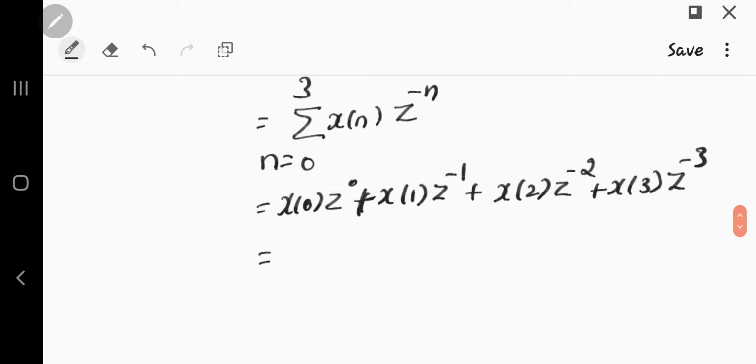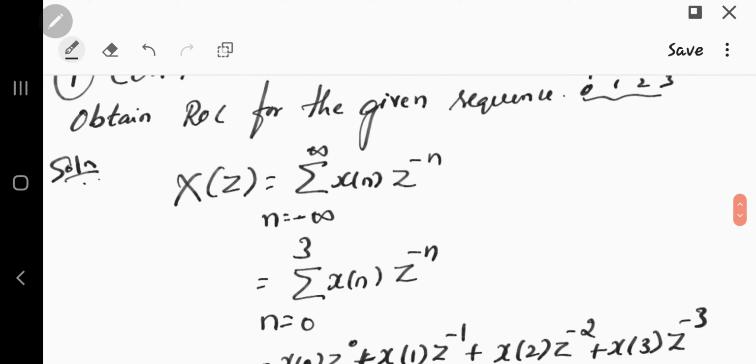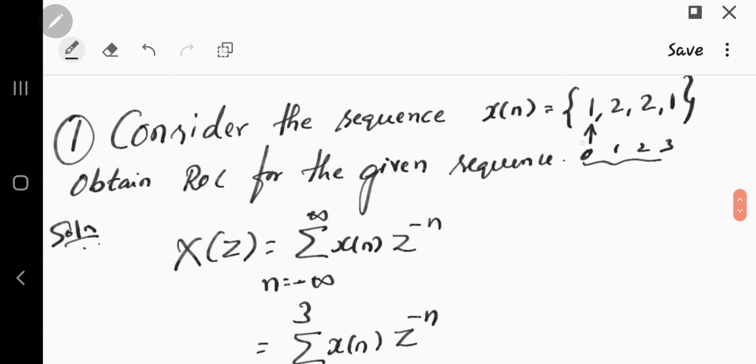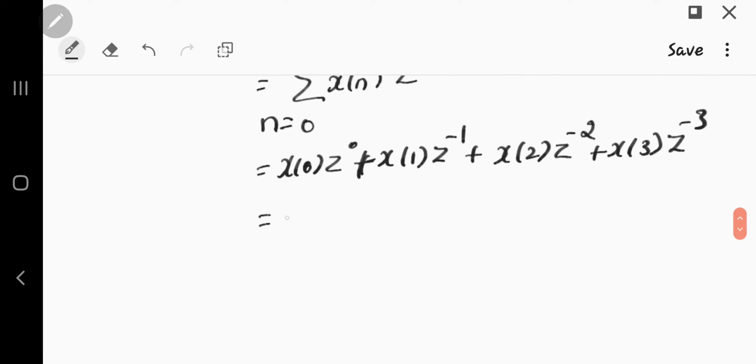So next, substitute the values x0, x1, x2 and x3 here. The x of 0 value is 1, x of 1 value is 2, x of 2 value is 2, and x of 3 value is 1. So let's substitute: 1 into z to the power of 0 is 1, plus 2 z inverse, plus 2 z to the power of minus 2, plus 1 into z to the power of minus 3.